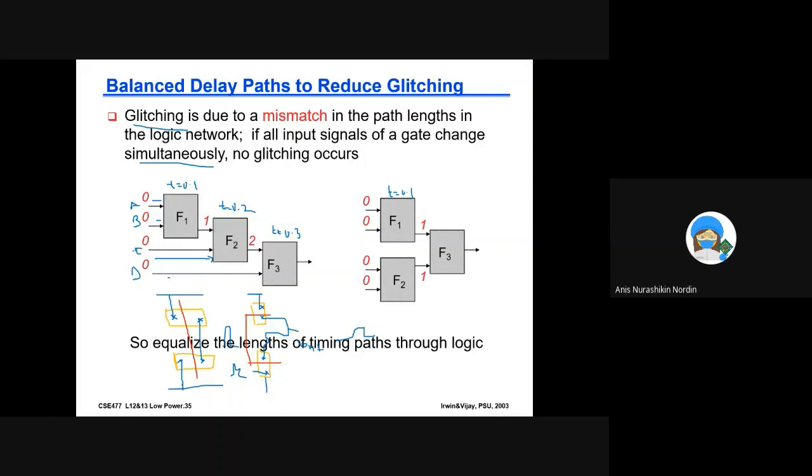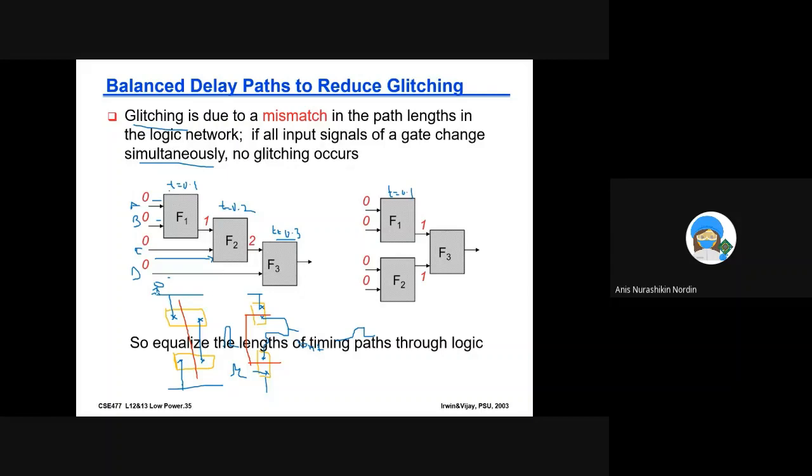Which has the highest delay? D. Okay, this guy, poor guy here, he is the slowest. So he's the slowest because he arrives at the gate at t equals 0.3 because he has farther to go.